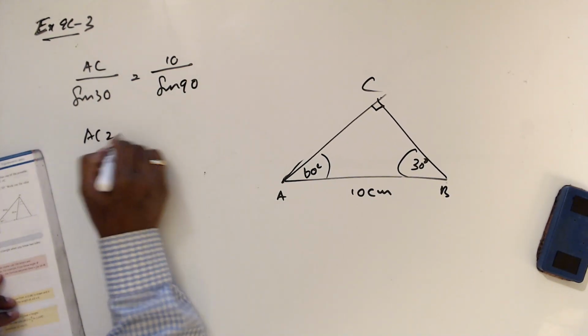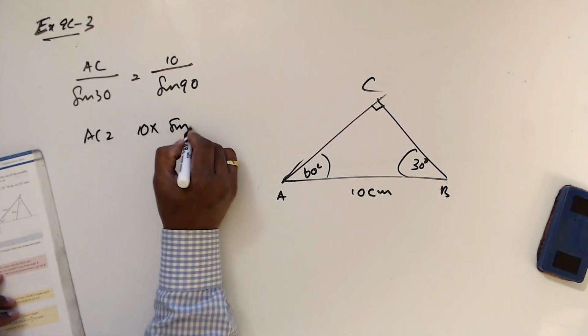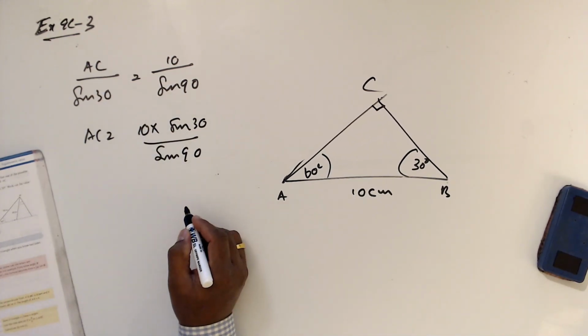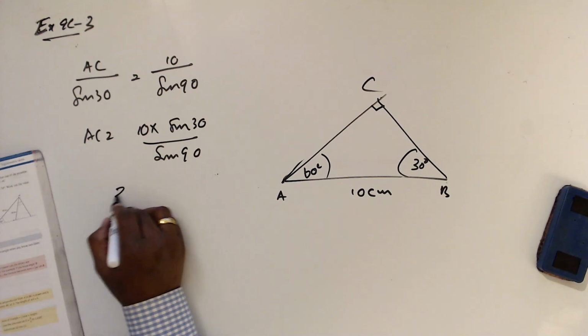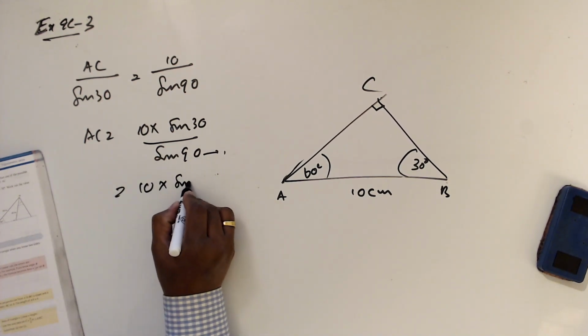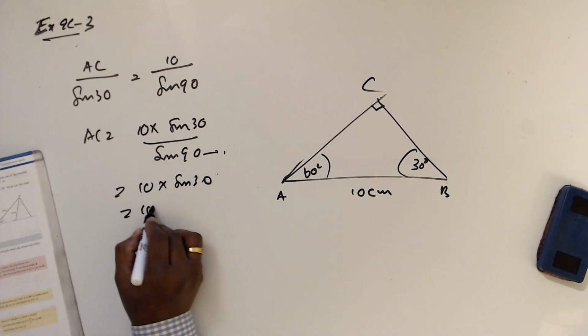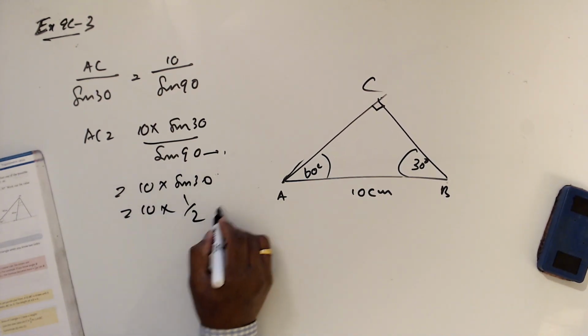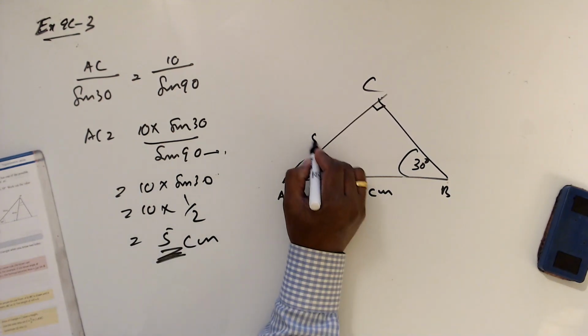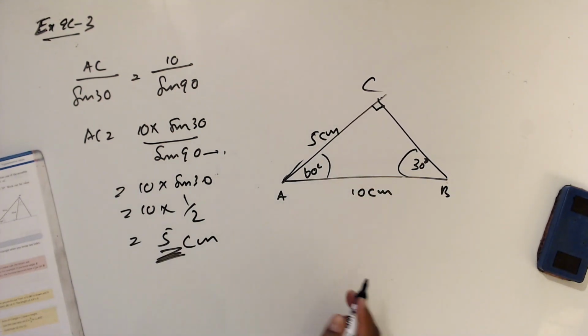So AC equals 10 times sine 30 over sine 90. Sine 90 is 1, so 10 times sine 30. Sine 30 is half, so it's going to be 5 centimeters. So this is 5 cm, the least one.